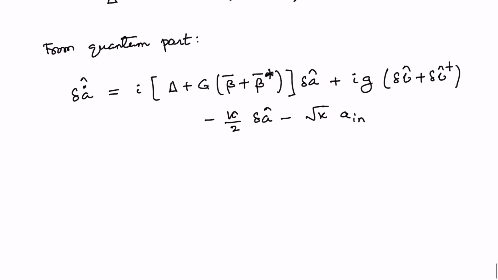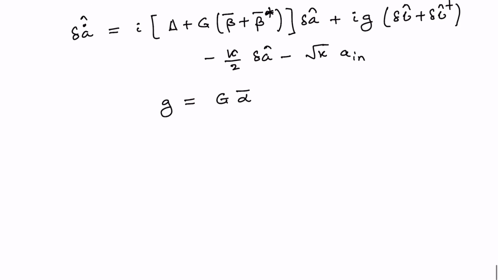Here I have defined this small z as the linearized optomechanical coupling constant, defined as capital Z into alpha bar. I'm going to take alpha bar as a real quantity. Anyway, I'll come to that later.